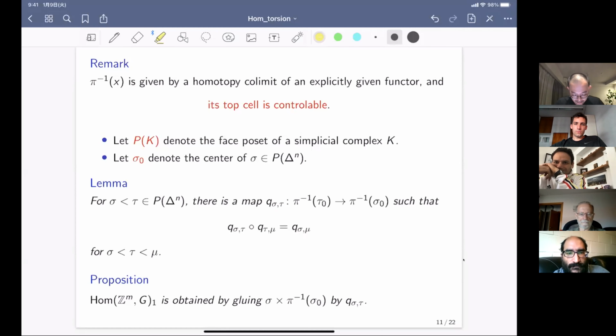Now, let's set notation. Let P of K denote the face poset of a simplicial complex K. And let sigma 0 denote the center of a simplex sigma of delta n.